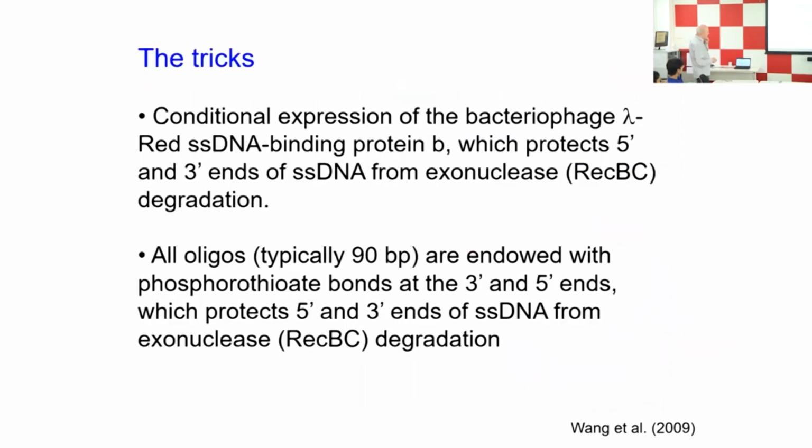So the trick behind this possibility of making many mutations at the same time is that it is possible to conditionally express protein B, the recombinase that enables the incorporation of oligos into the replication fork, because it protects the 3' ends from the degradation of exonucleases. So you take bacterial cells and you transform not PCR, but single-stranded DNA, then that DNA will likely be destroyed because of the nucleases, okay?